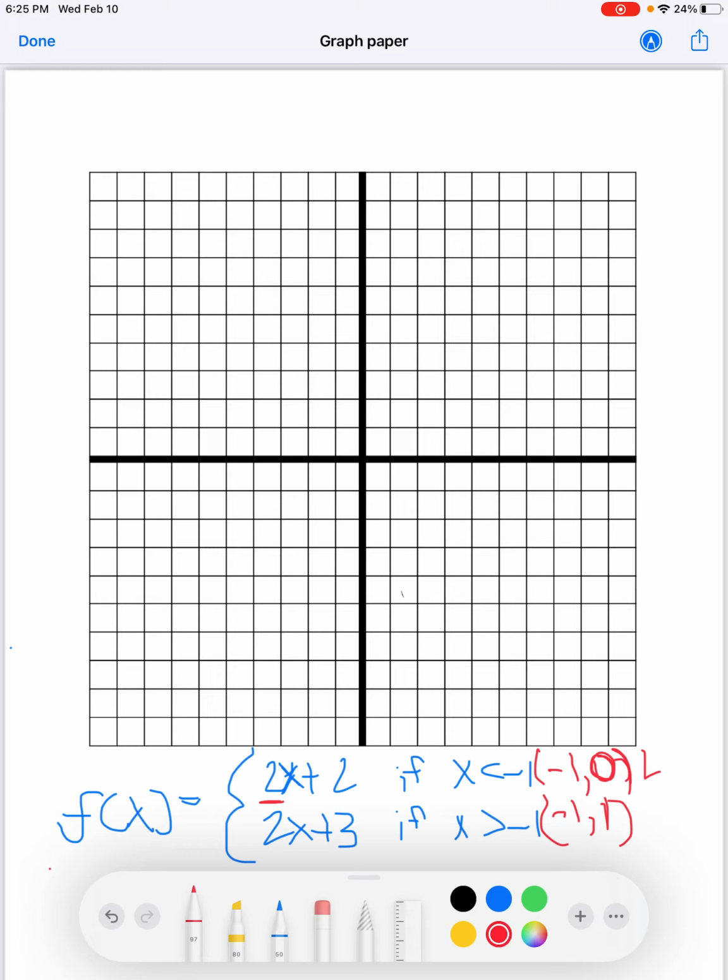With piecewise functions, they can't necessarily go like this. They need to go in the same directions like that. So you can look at the slope, but the piecewise functions are going to go like this or like this.